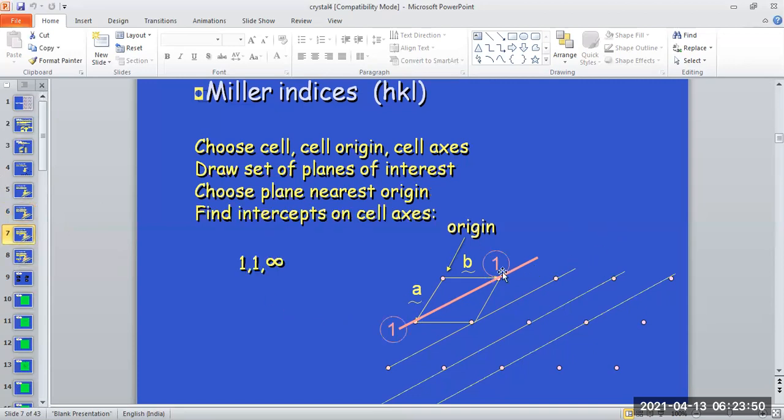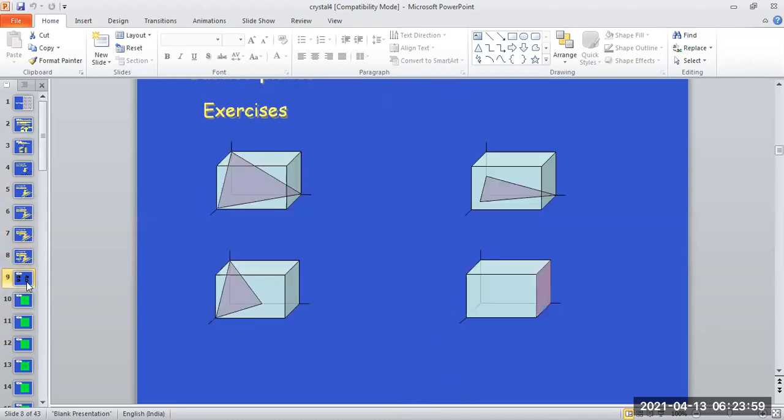This is one. You can see this is called 1, 1, infinity. I'll tell you what that actually looks like. This is the set of planes when the crystal is in the shape of a cube. You can see these three lines joined in the cube, and they are represented with x, y, and z.